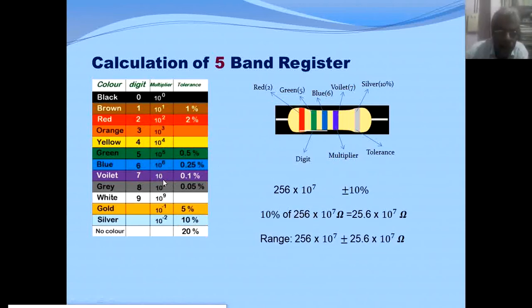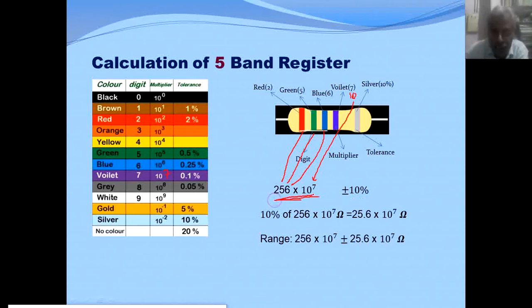Actually there is some error in this color code, and this error is that here it is 10 to the power 7. So this value is 10 to the power 7, and the actual calculation will be this much. The first value 2, second value 5, and third value 6. The multiplier is 10 to the power 7, so this value is written here, and the fourth one is used for tolerance, that is 10%.